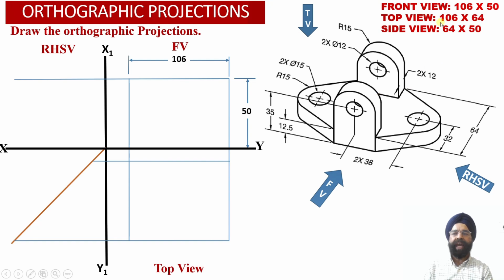So now we know that the top view face dimensions corresponding to the solid will be 106 millimeter width of the solid, which we have already obtained, and we know that the depth of the solid happens to be 64 millimeter.